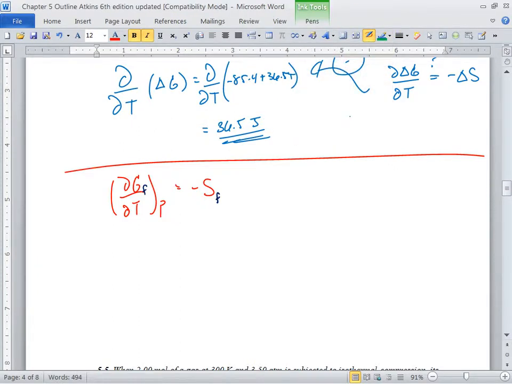So delta G is G final minus G initial, right?